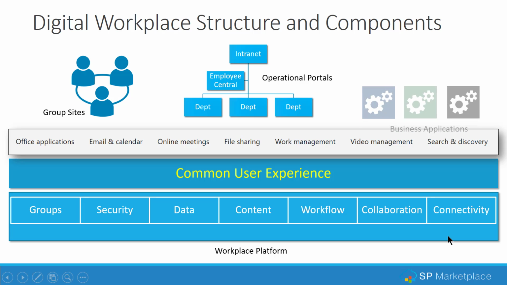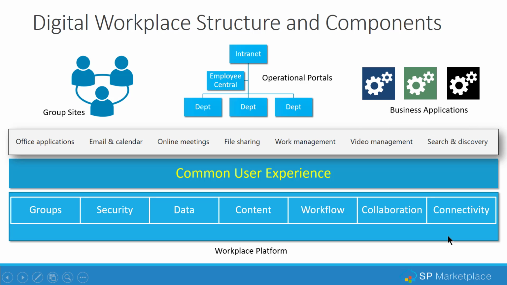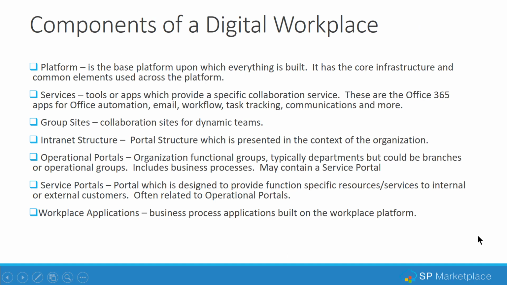And then finally, as part of both of these, there are business applications. Some of these may be back office, but workplace business applications are built on this same platform and are generally employee-facing applications. So let's take a look at components of the digital workplace.